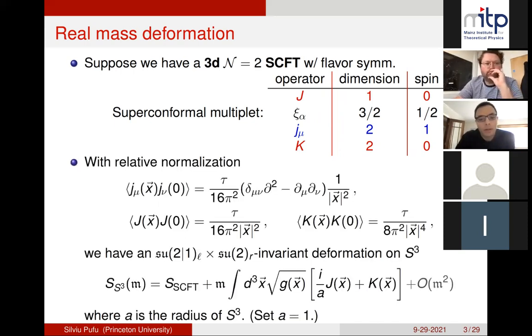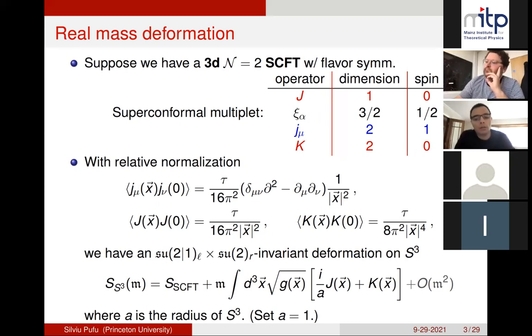And then I normalize these operators in a certain way, based on just giving you what the 2-point functions are, and there's some normalization constant here, tau, it's not going to play a role.